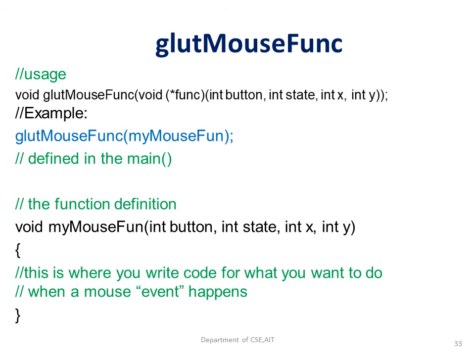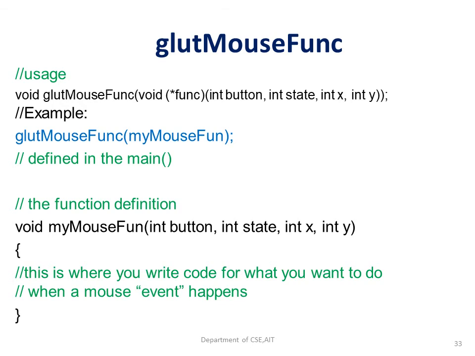The glutMouseFunc will execute a function called the myMouse function. This myMouse function can be written anywhere, but the API glutMouseFunc should be present inside the main function. It should be called from the main function.